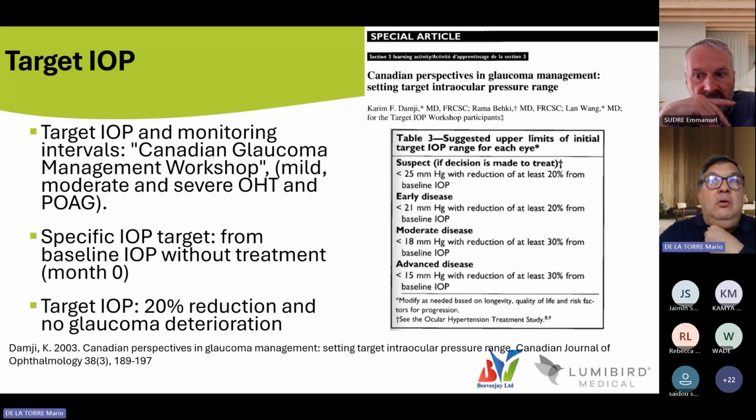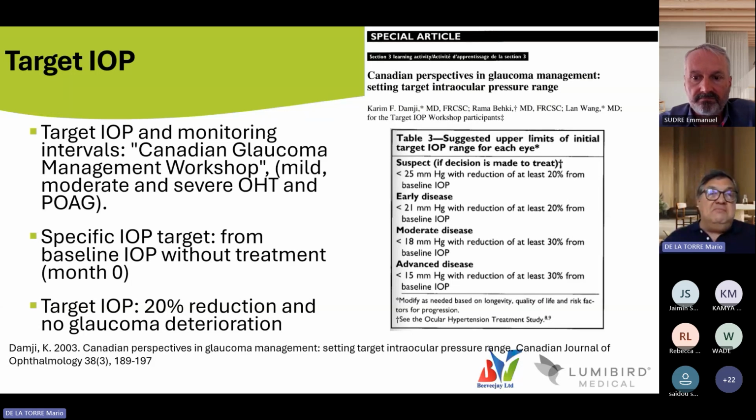You know, it's very good to always have in our goal the target IOP. The target IOP and monitoring intervals were set using the Canadian Glaucoma Management Workshop categories, mild, moderate and severe ocular hypertension and glaucoma, and the specific IOP target was taken from baseline IOP without treatment, after 1 month with a washout period as well.